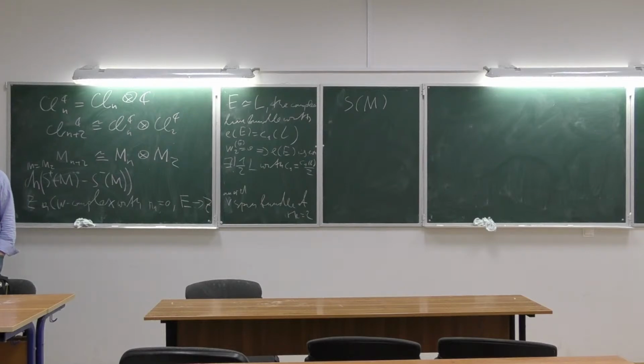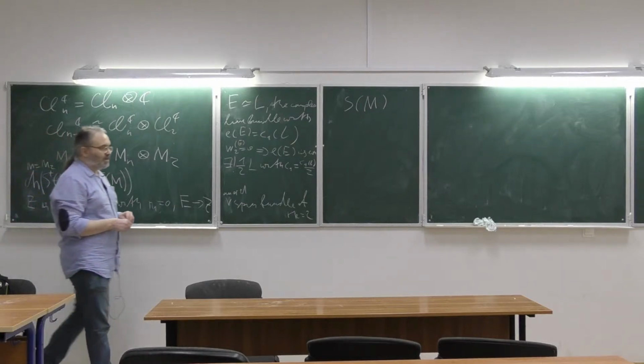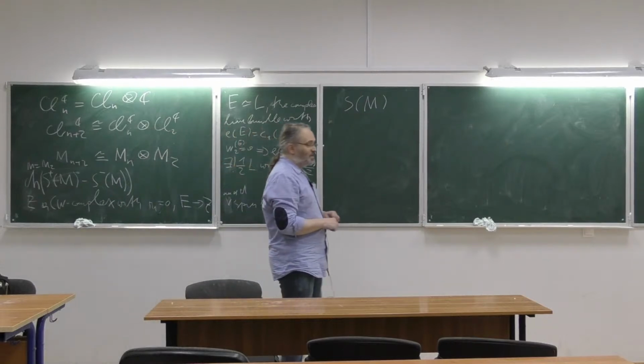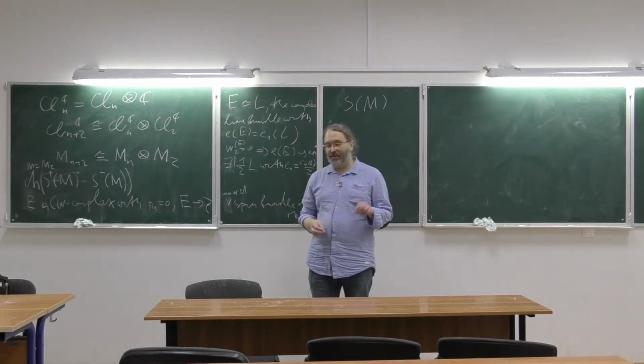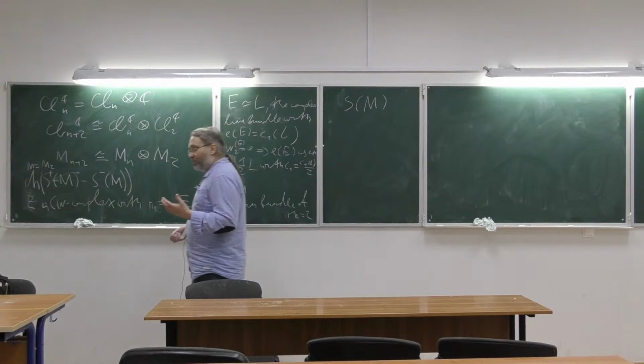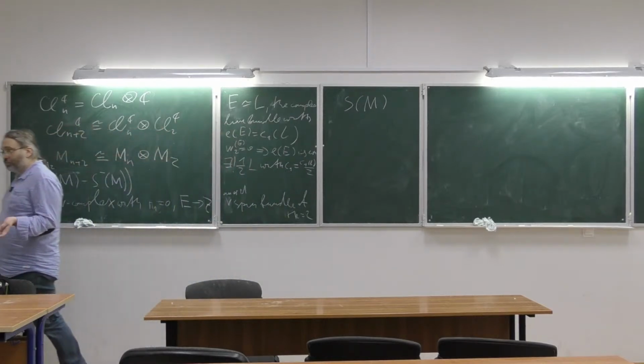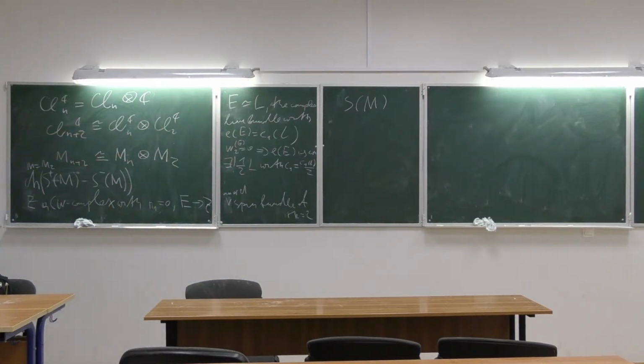The first one is C, and the second one is, no, actually, the zeroth one is C, just C. The first one is C cross C. The second one is 2x2 matrices over the zeroth one.